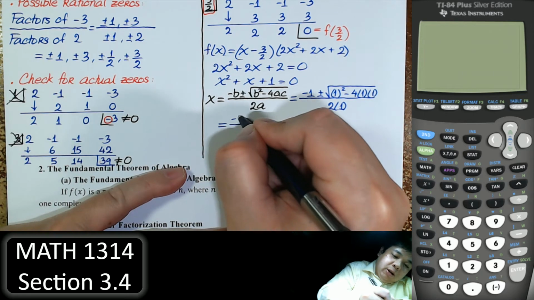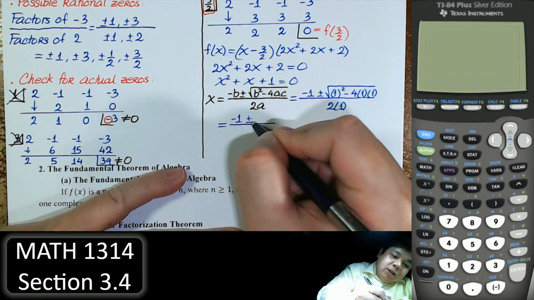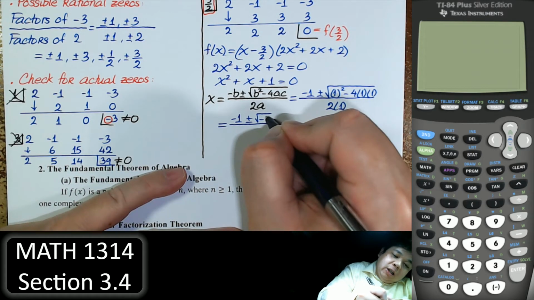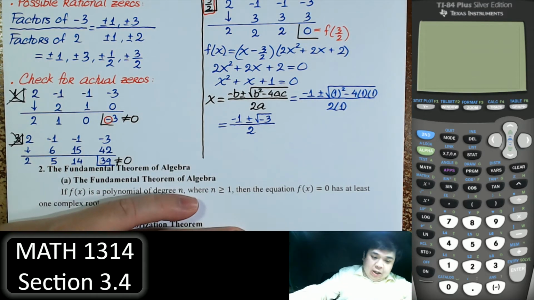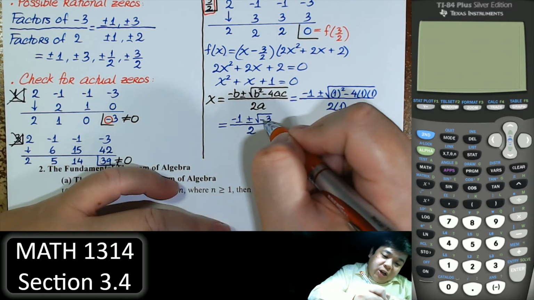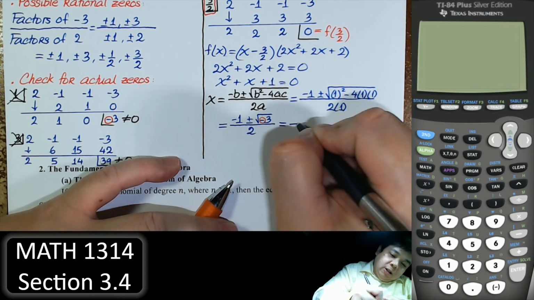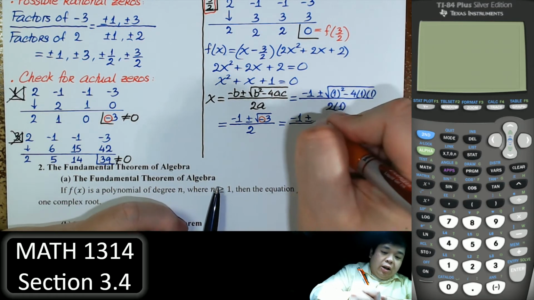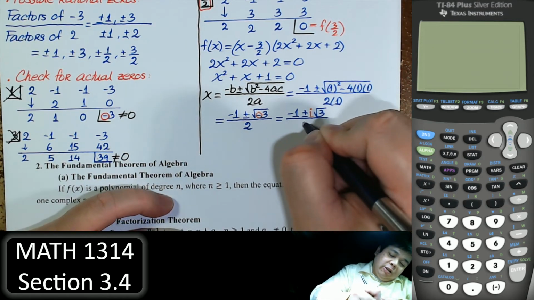So negative 1, we have 1 minus 4, so plus or minus the square root of negative 3, over 2, right? Now, we have a negative inside the square root, that is imaginary, so this is negative 1 plus or minus i times the square root of 3, divided by 2.